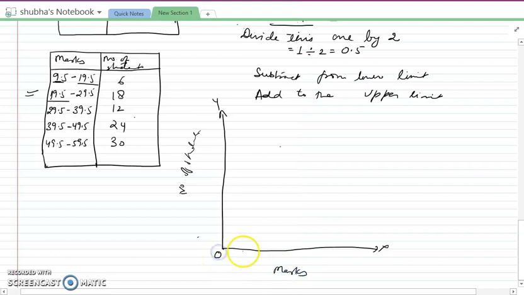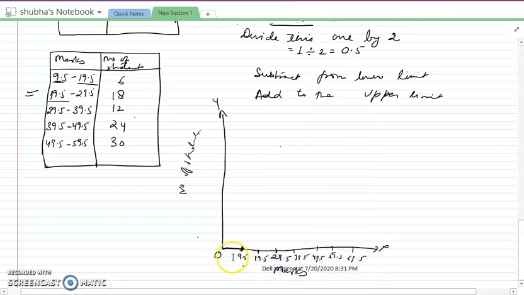From 0, the first mark is 9.5, then 19.5, then 29.5, 39.5, 49.5, 59.5, 69.5. Now look, the first difference is 9.5, and after that it is 10. 9.5 plus 10 is 19.5, then 10, then 10, then 10.